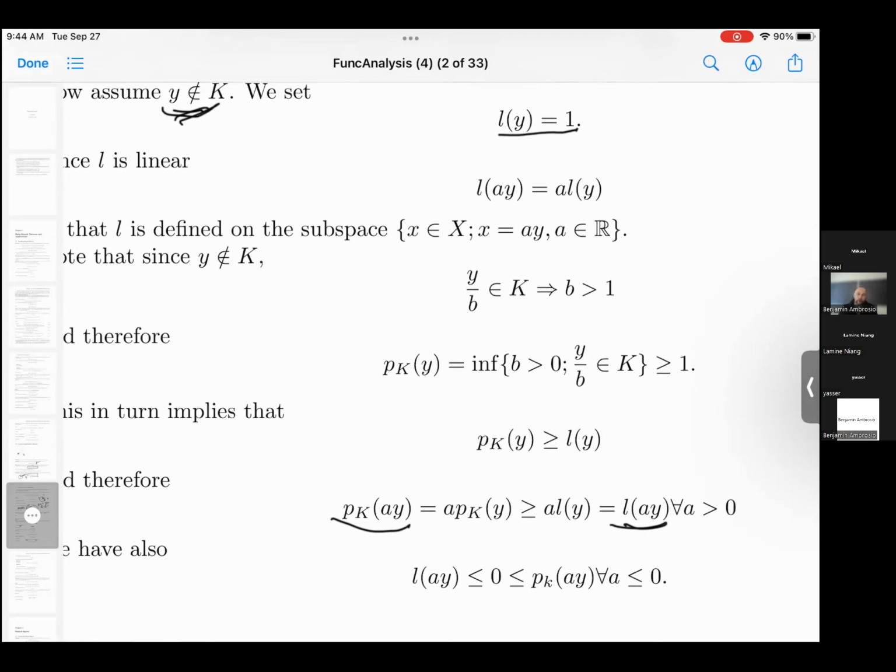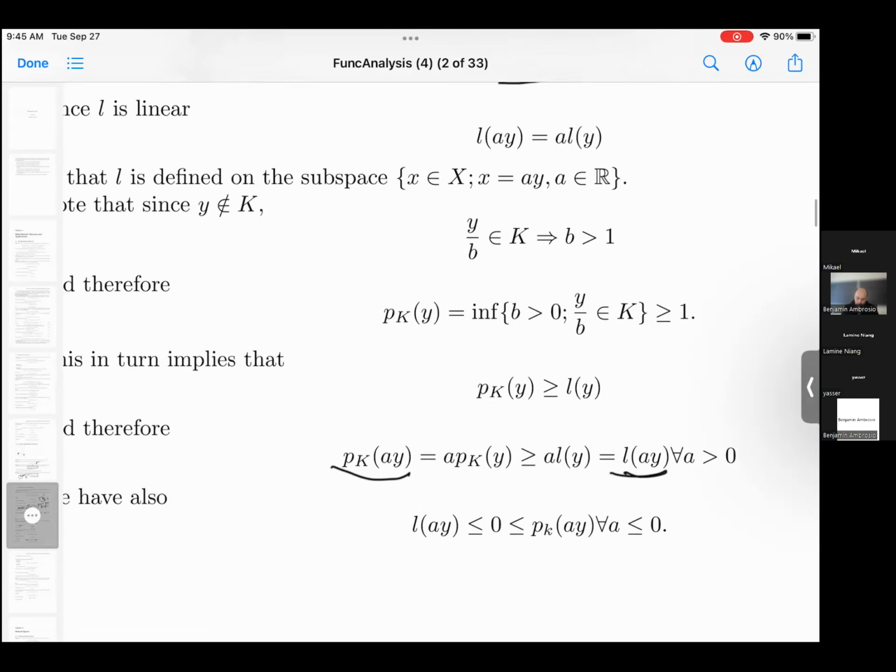Yeah, because I forgot to say for negative a, but this is direct, okay? Because Pk is positive, and if a is negative, then necessarily you have L of ay less than Pk of y. Okay, now I can apply my Hahn-Banach theorem.